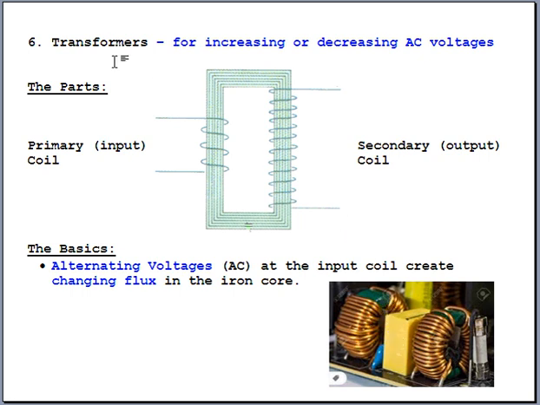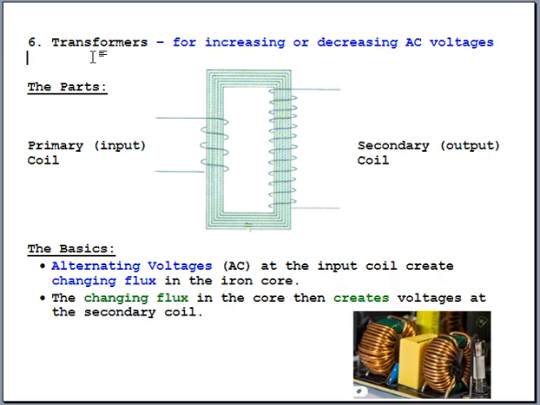So we have an alternating voltage on the way in, creating an alternating magnetic field in the iron core, which is directly connected to that secondary coil. That changing flux in the core now generates a voltage at the secondary coil. So by putting an alternating voltage on the input, we're going to get an alternating voltage on the output side.